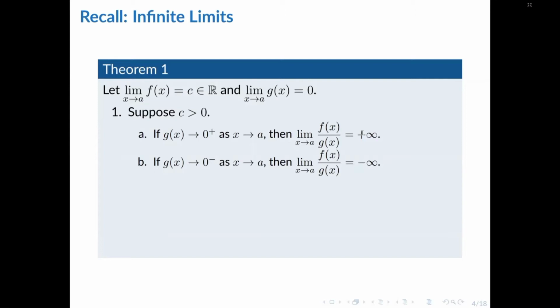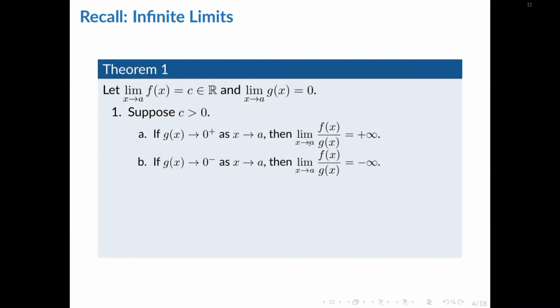It makes sense, because if c is greater than 0, then the limit of f of x as x approaches A is a positive number. So this numerator would be a positive number. Then if g of x approaches 0 from the right as x approaches A, the limit of g of x as x approaches A would be 0 from the right, so positive numbers.